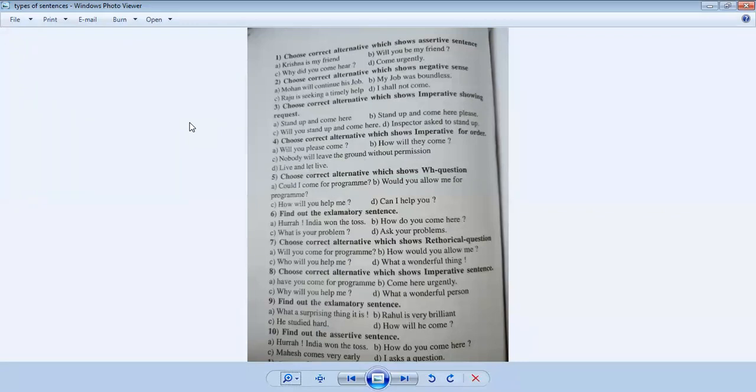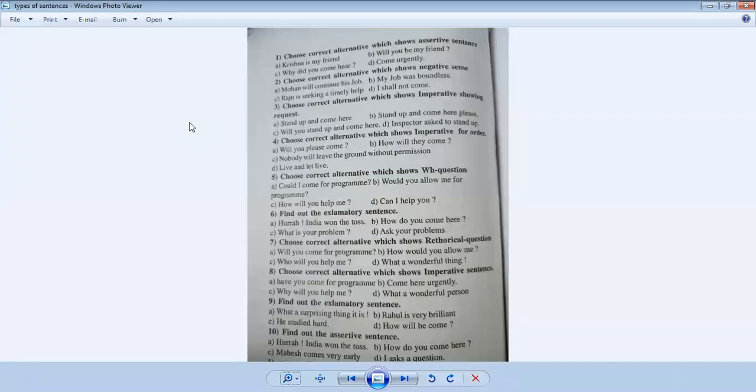Choose the correct alternative which shows imperative for order. Will you please come? How will they come? Nobody will leave the ground without permission.